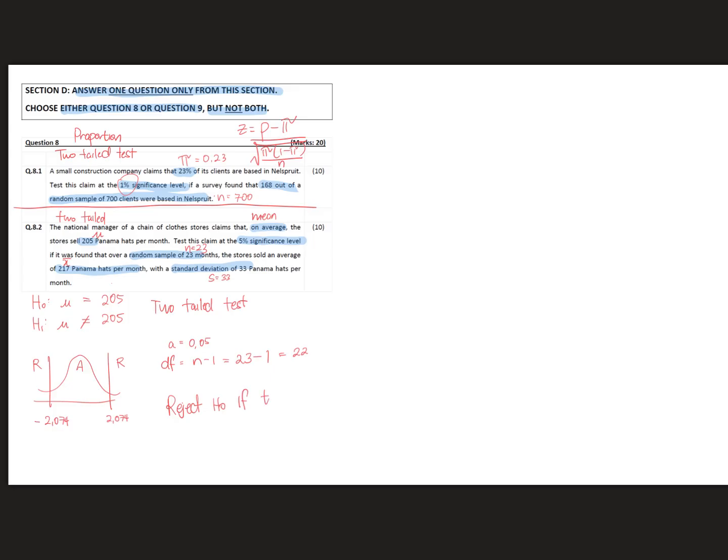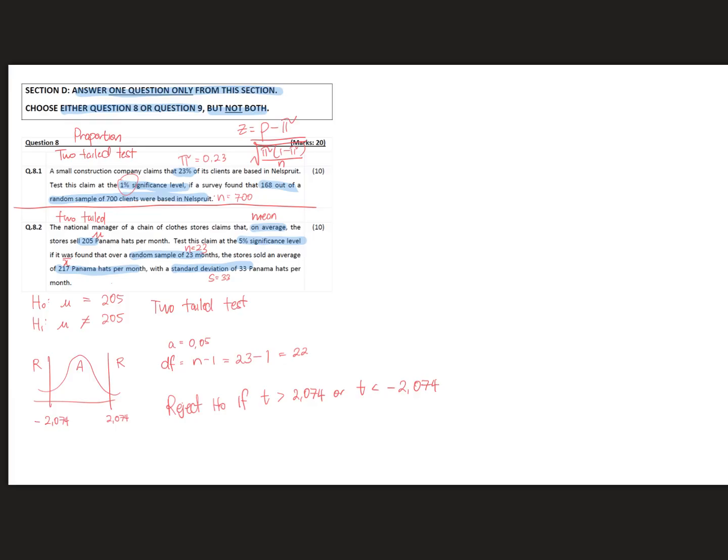So if T is greater than 2.074, or if T is less than minus 2.074. Okay, so that's your region of acceptance and rejection done and dusted.